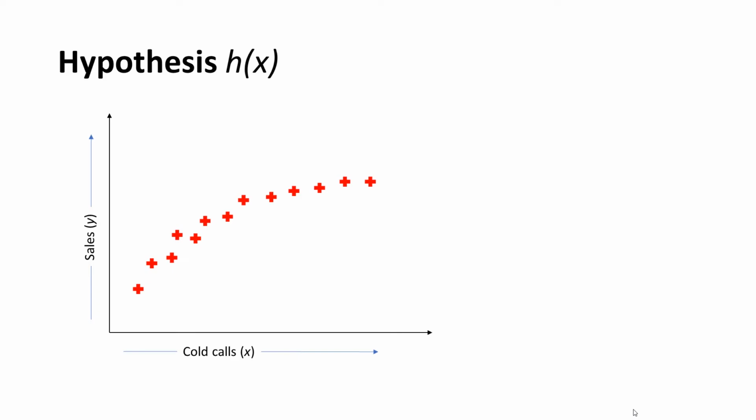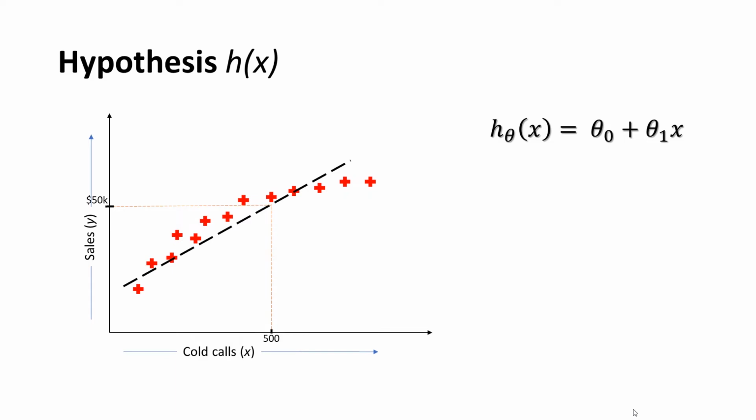If the number of cold calls is more, then the sales increase up to some level. Now if a line or a hypothesis is drawn along these data points, then the model can very easily predict with a given number of cold calls how much sales can happen in a particular month.